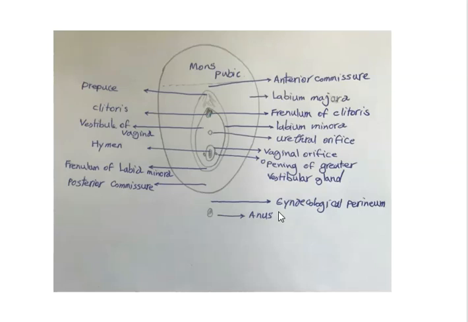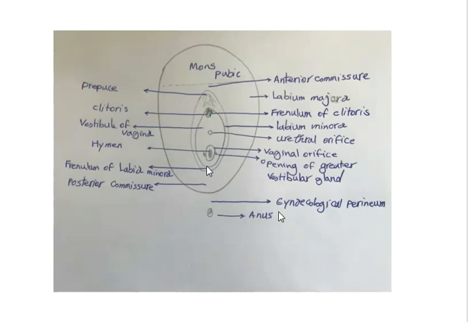The orifices of the ducts of the greater vestibular glands are not shown here, but you can see the opening of the greater vestibular gland ducts between the hymen and the labia minora. Numerous lesser vestibular or mucosal glands open on the surface of the vestibule.